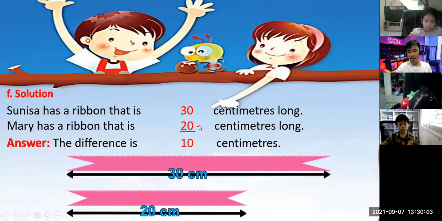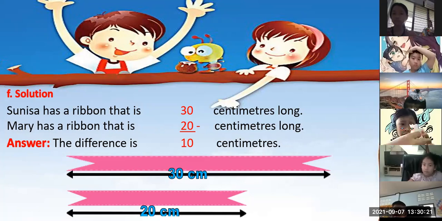So we use minus to find the answer. The difference here is 10 centimeters. Okay, Prim, what is the difference, the length of the ribbons that they have?